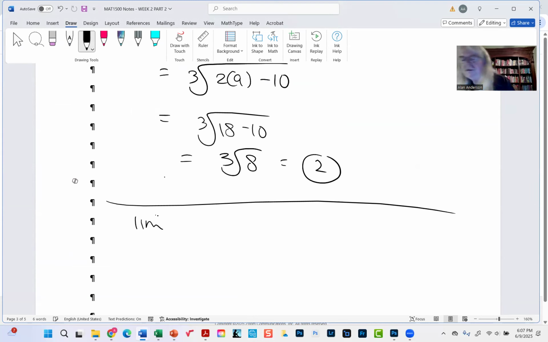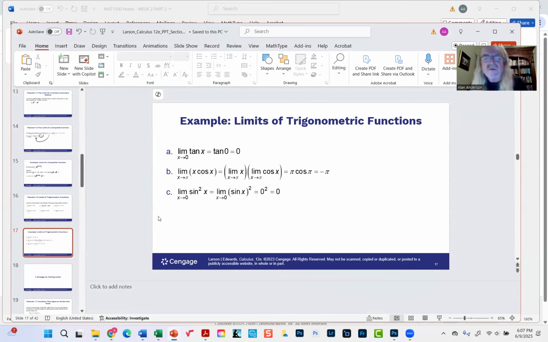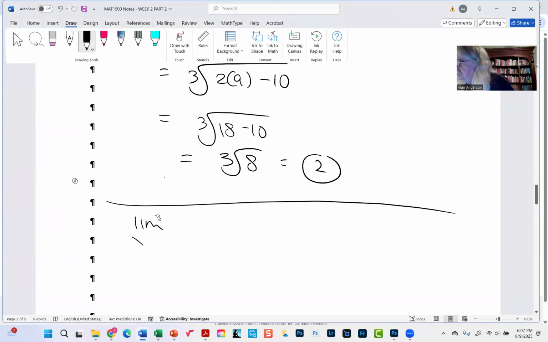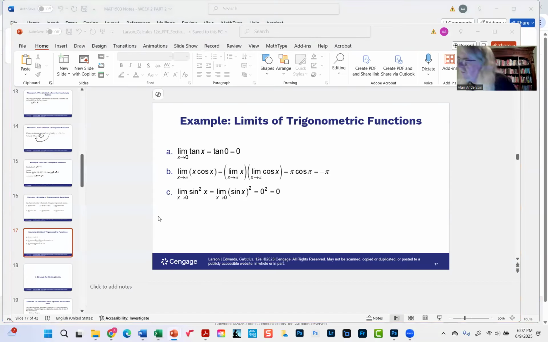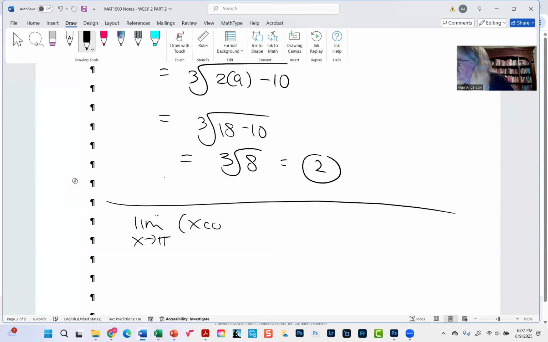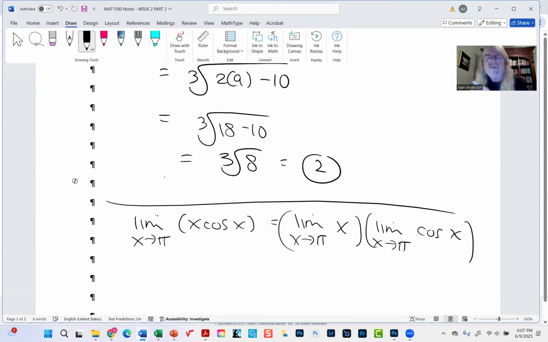So in the limit as x approaches pi of x cosine x, again, we can just do direct substitution here.